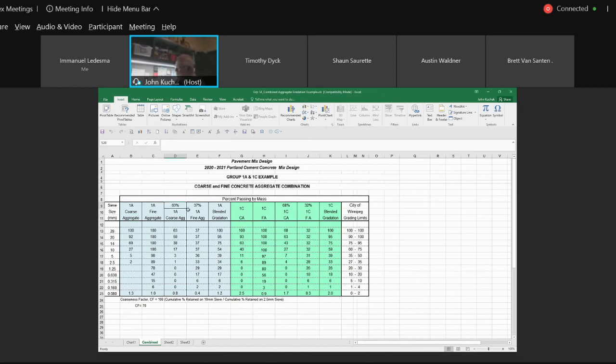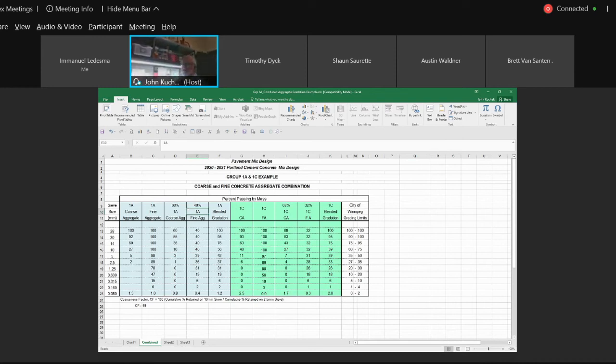So what I've done on my spreadsheet is I can just put in the values, and you see it changes. A lot quicker than what Natalie went through with you using those grading charts for two aggregate combinations. Right now with Excel, boom.